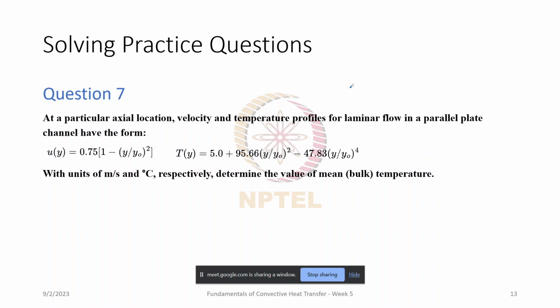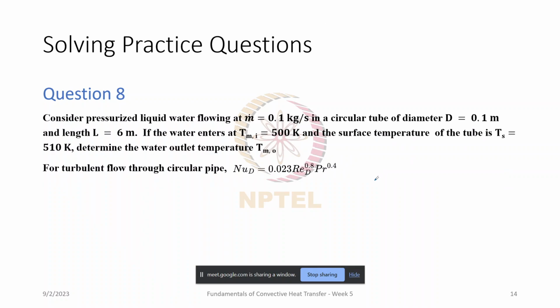Yeah, we are back. So we solved this one. We will move on to the last question of today. That is asking us to consider pressurized liquid water flowing at m dot equal to 0.1 kg per second in a circular tube of diameter 0.1 meter and length L equal to 6 meters.